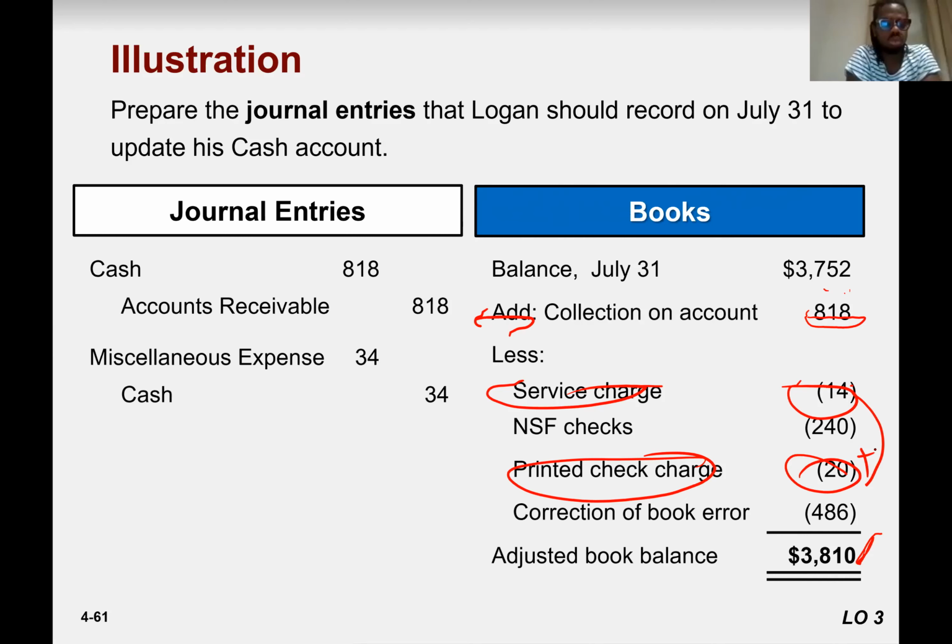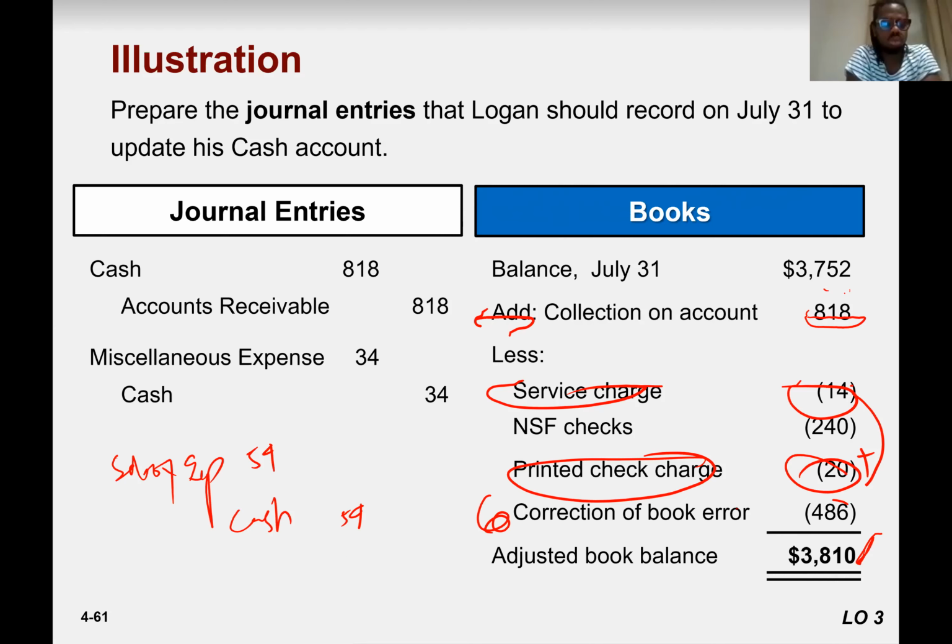So what's left now? The correction. When you recorded 54, not 540, you made the entry salary expense to cash 54.